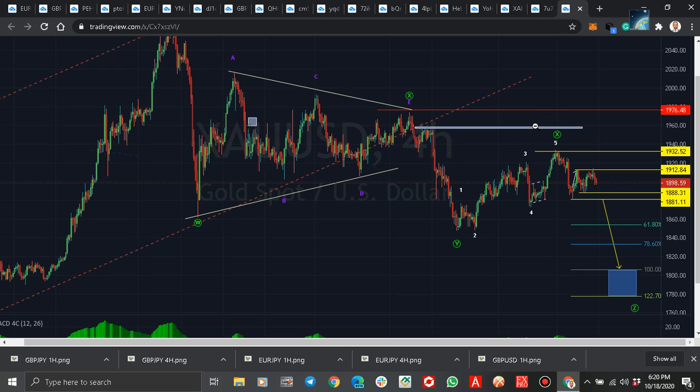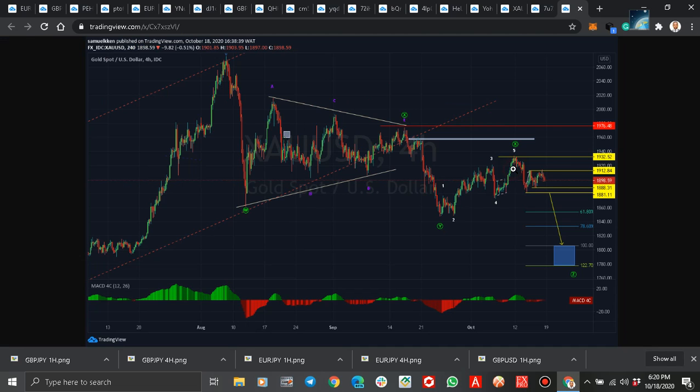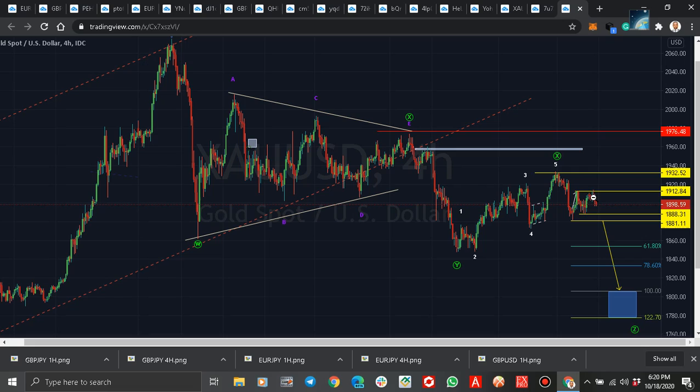But as long as this very line, 1976.8, is still not broken, we likely have to see the Z leg going down towards 1820, 1800. So my main bias is to sell. My main bias on gold is to sell. So I am looking for a sell entry.